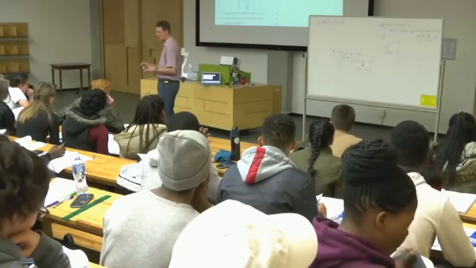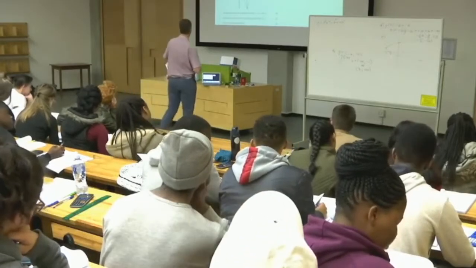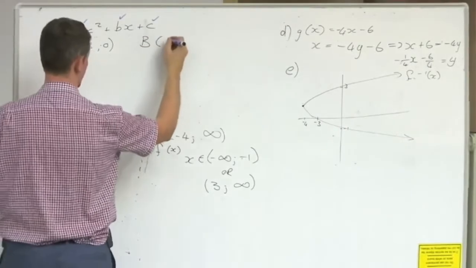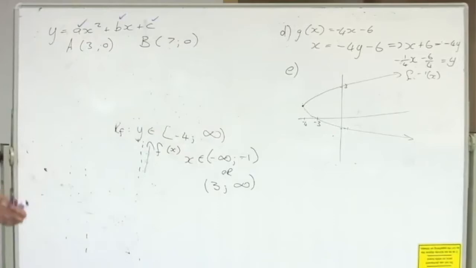So if I look at this, what was given to you in that scenario? Unfortunately it seems like I left out a little bit of information there on the sketch. Sorry for the guys who signed in and were stuck. The bit of information that they gave you was that A is the coordinates (3, 0) and B is the coordinates (7, 0). Now you've got to ask yourself, why is that important?